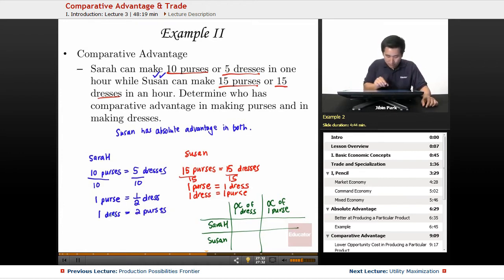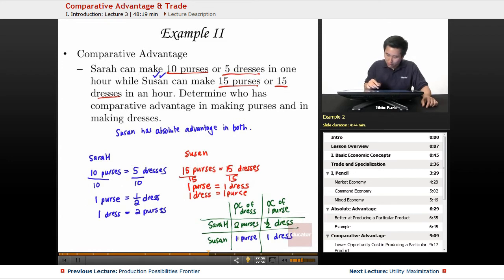So for Sarah, the opportunity cost of 1 purse is half of a dress, and the opportunity cost of 1 dress for Sarah would equal 2 purses. Now, if you look at Susan, the opportunity cost of 1 dress would equal 1 purse, and the opportunity cost of 1 purse would equal 1 dress.